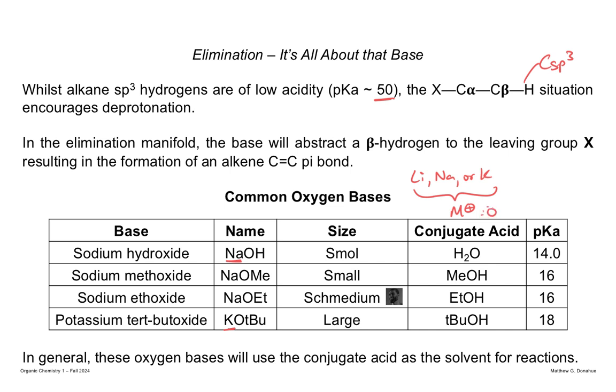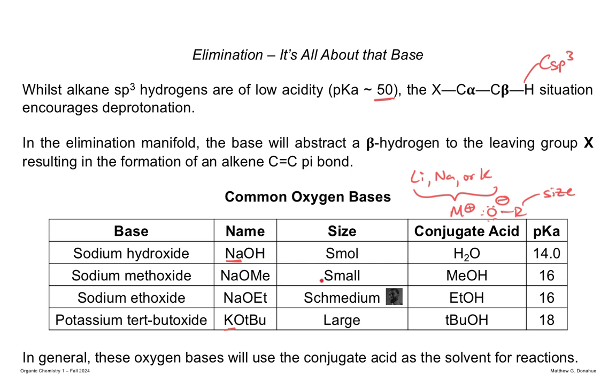And then you have O minus bonded to some other organic group, so that the R group is what we're using to determine size. So sodium hydroxide, NaOH, that's pretty small. That's the baseline where R is the H. And the conjugate acid of that is water, and then you see the pKa's here. So essentially these are pretty weak bases to begin with.